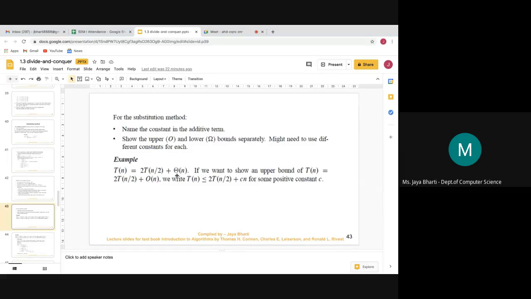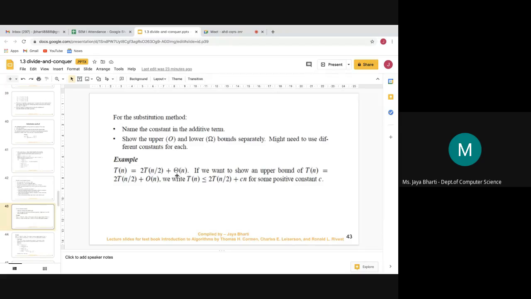Okay, so now what will we do? We have guessed that the lower bound is this and the upper bound is this, then we can decrease the upper bound and increase the lower bound such that we get the correct solution. Like in our case, the correct solution is n log n, which is in between n and n square.